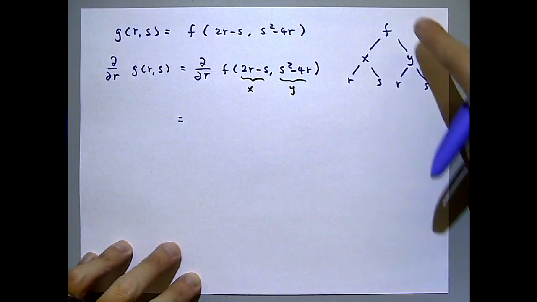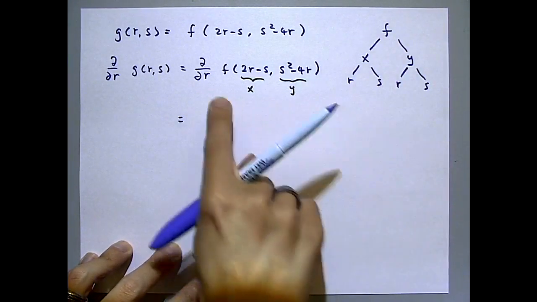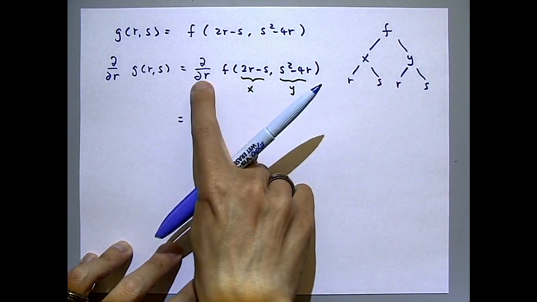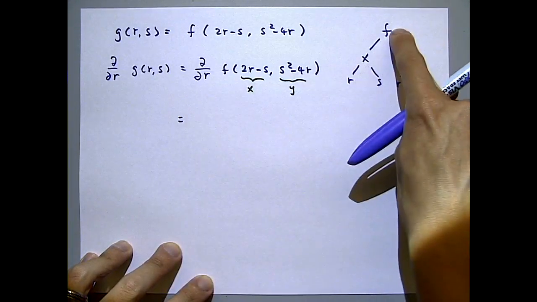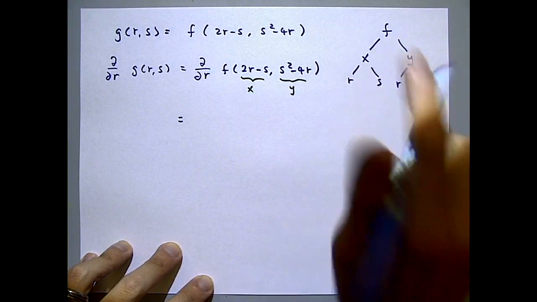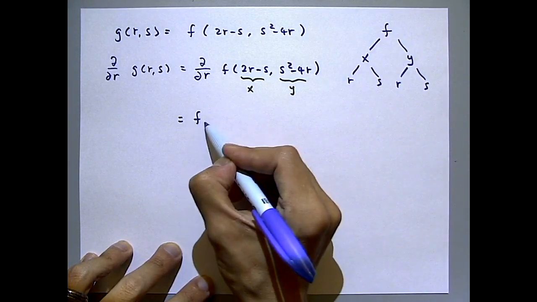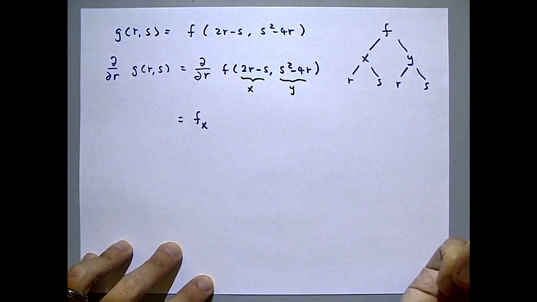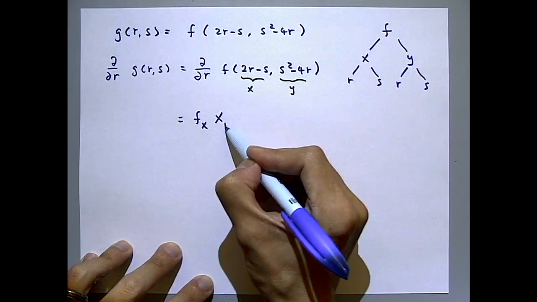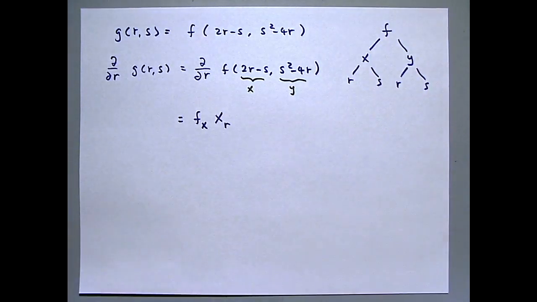Okay, let's step down the tree on the right here. Take the derivative of f with respect to r. We need to go down this route first. So that's f_x, x_r, right? I'm using the subscript notation to denote partial derivative.